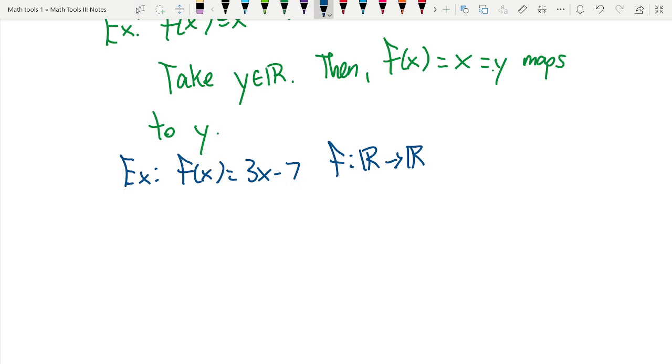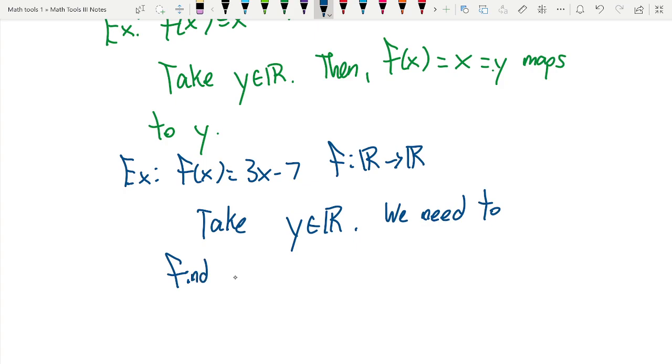So let's go ahead and do this one. So take y in R. Then we need to find f of x that equals y, right?